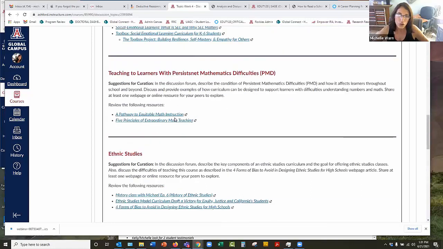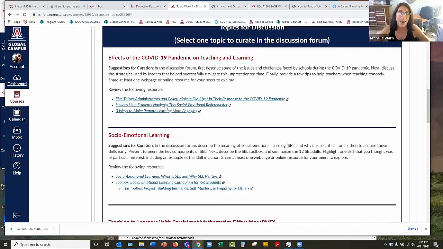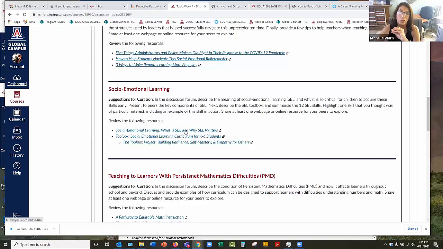Now, if you choose to go off and do your own problem of practice instead, I suggest you take a look at these and see how we've framed this board. You're not just going to do a quick one-off. There are resources here so that you can teach it. So if you're going to teach about your problem of practice, you better find some serious resources about how to teach a particular strategy for your problem of practice.